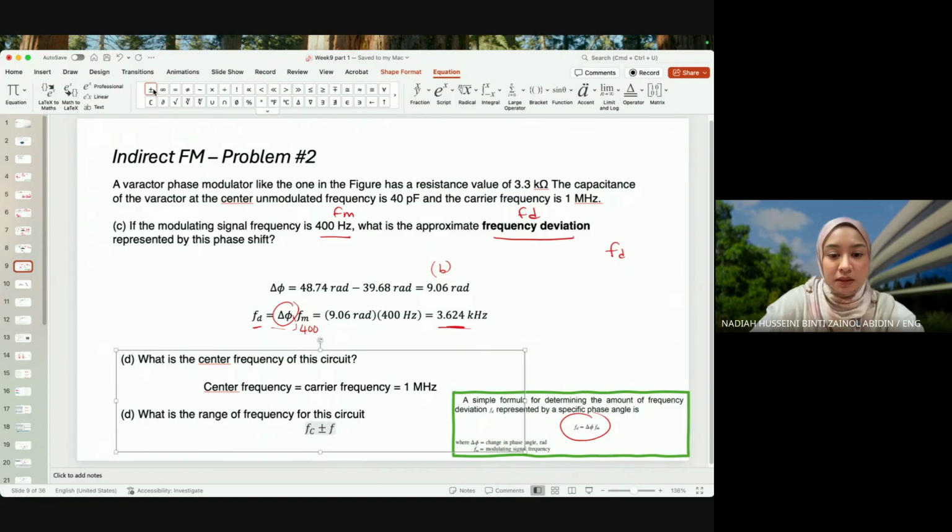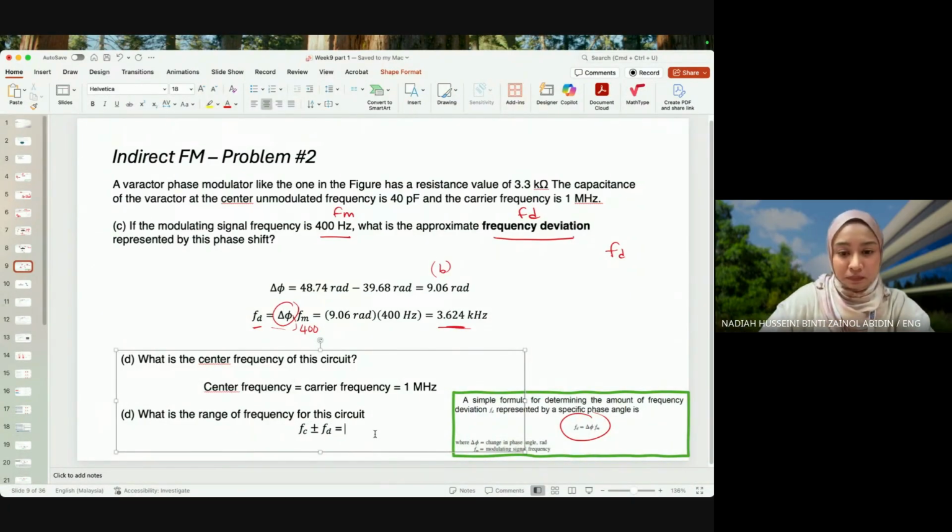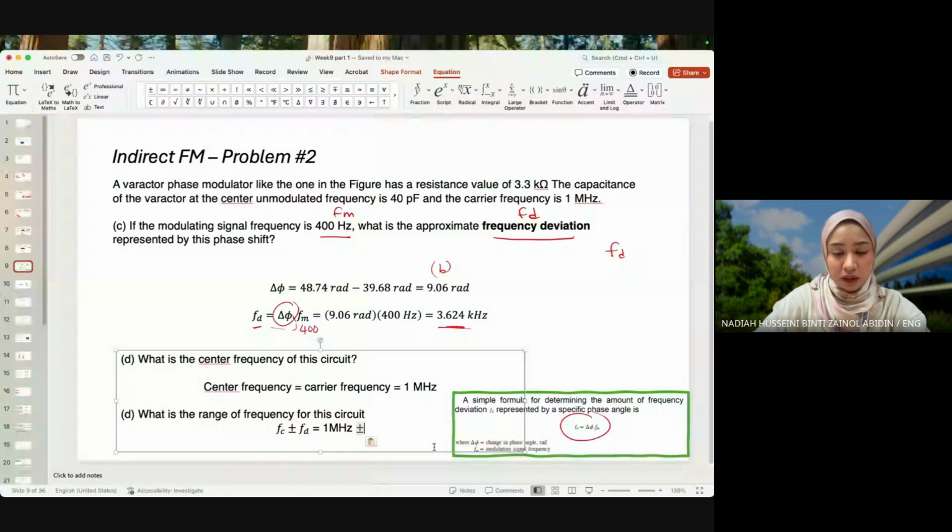That would give us 1 megahertz plus minus 3.624 kilohertz. Kind of small, but yeah, that's what the question wants.